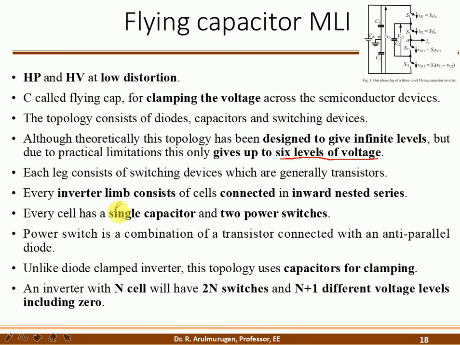Every cell has a single capacitor, connected between the two power switches. A power switch is a transistor connected with an anti-parallel diode, so every switch has an anti-parallel diode.